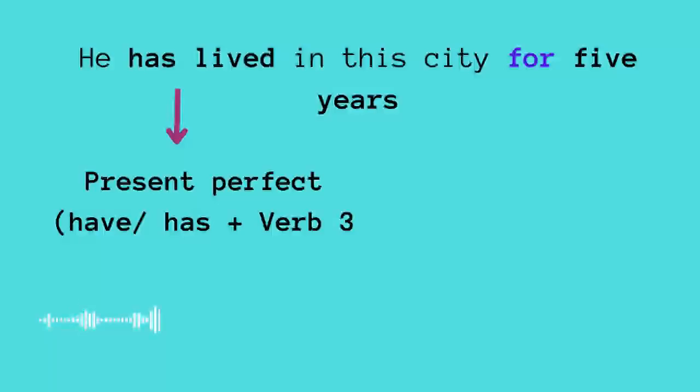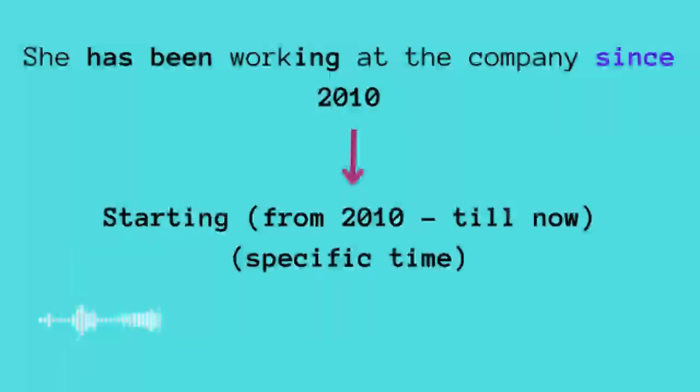Alright, so let's go back to the differences between for and since. She has been working at the company since 2010. What does that mean? We are using present perfect continuous. That means we are speaking about something that is still going on. Something started in the past but continues happening until the moment.